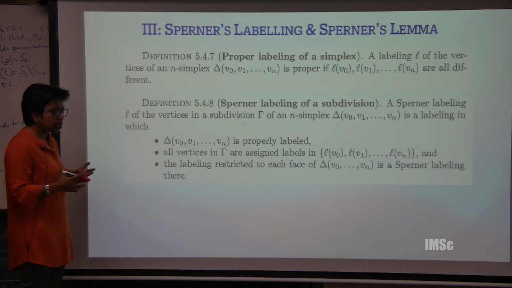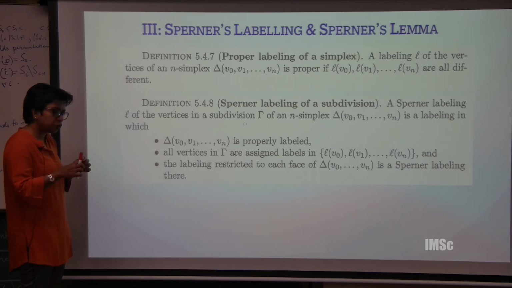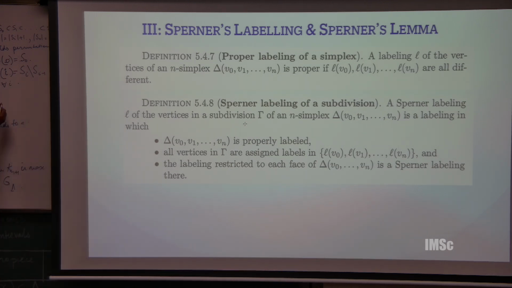Proper means that all the vertices of the simplex you are looking at must be labeled distinctly. Within each subdivision, you use the same labels, and within any face, we always have this property, right?